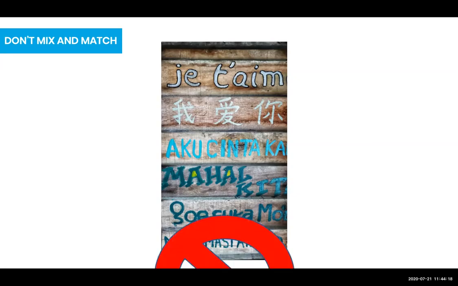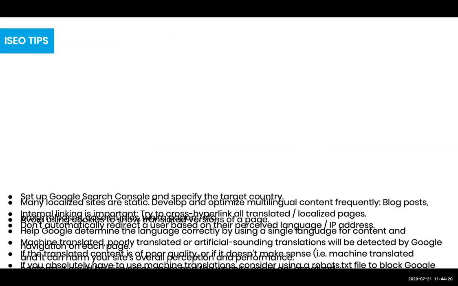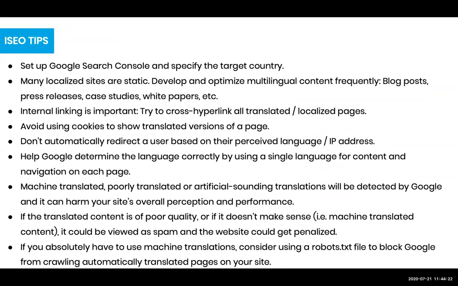So keep it separate. And then here's a list of international SEO tips that I put together. Set up your Google Search Console, specify the target country. Machine translation is great. It works in certain cases, but poorly translated or artificial-sounding translations will be detected by Google.